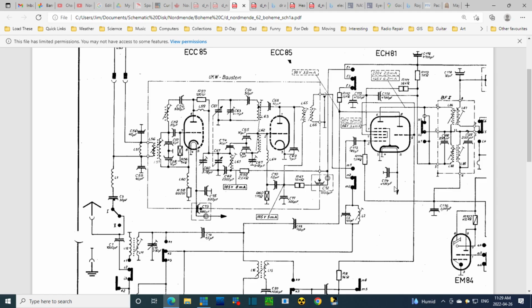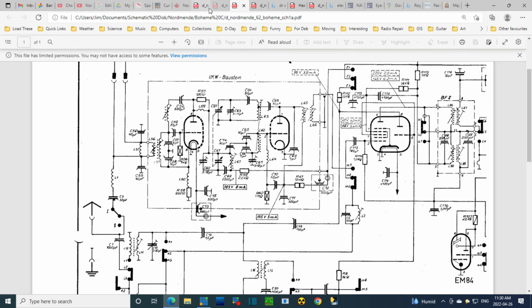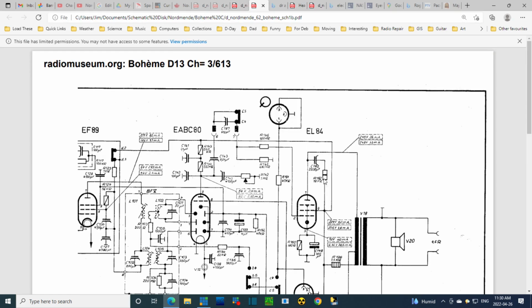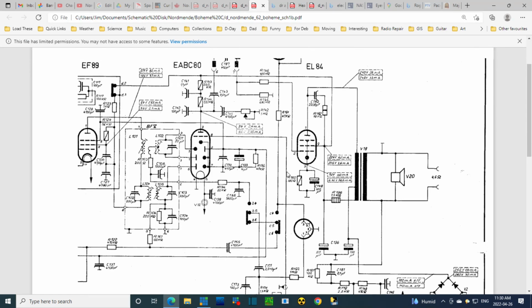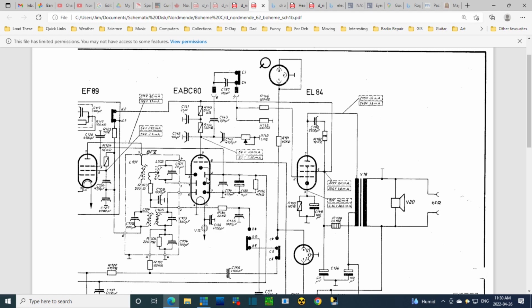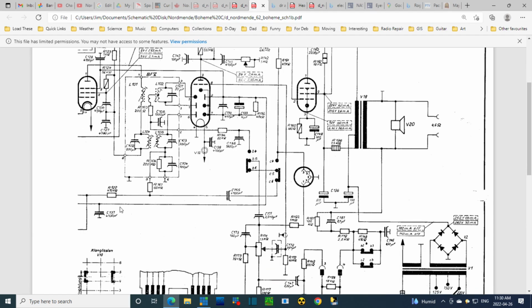So what is the FM AVC voltage doing here? Let's follow that one again. So we would pick it out of here, coming across. It's on this middle line of the 3.